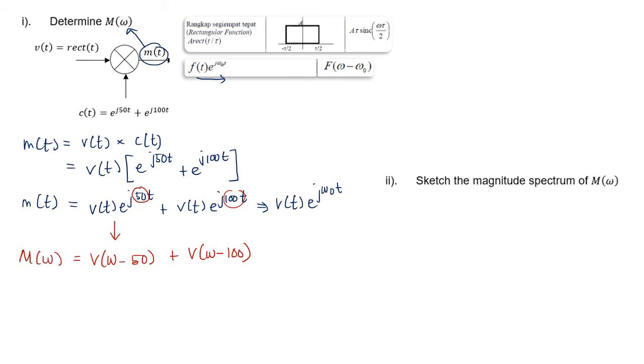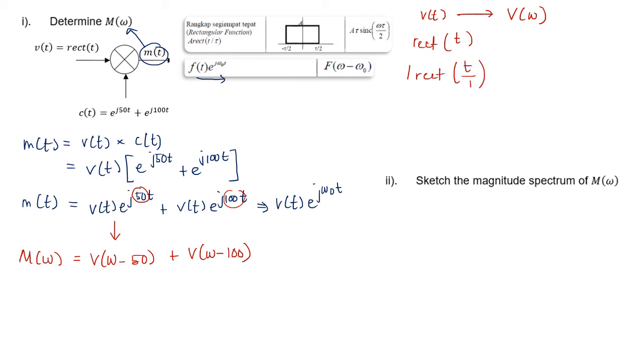So what is V(omega)? V(omega) is from V(t). So V(t) will produce V(omega). So what is your V(t)? V(t) is the rectangular t. So you know that this one is equal to 1 rectangular t over tau.